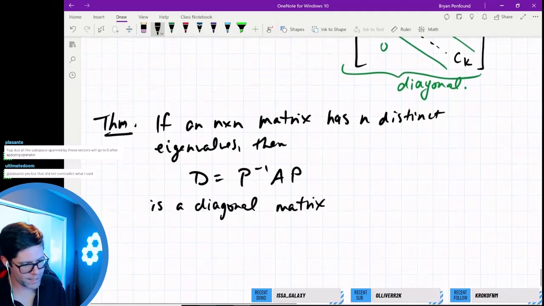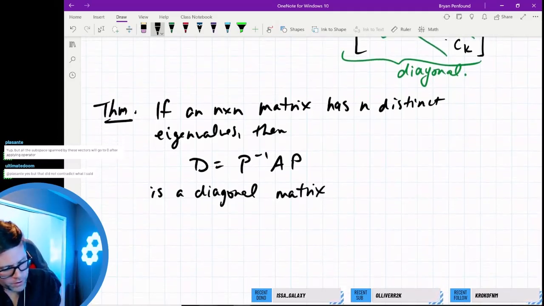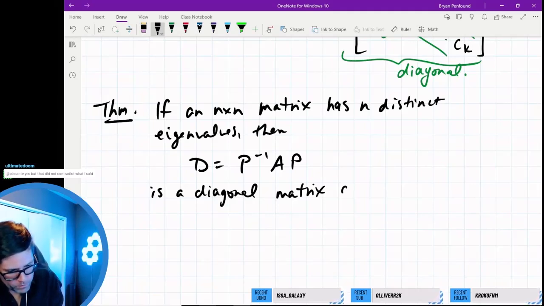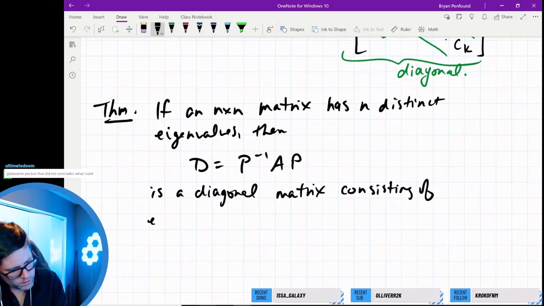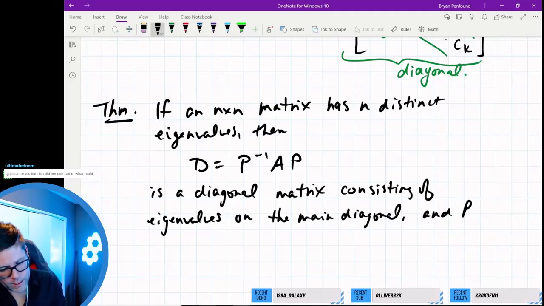So this is going to be a diagonal matrix, consisting of the eigenvalues on the main diagonal. And we know exactly what P looks like.